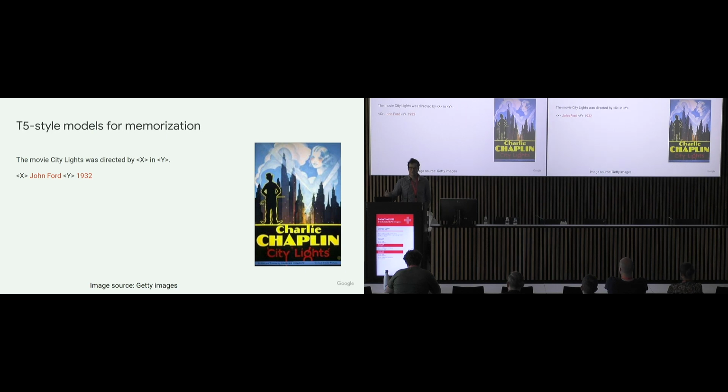If it's an older movie, okay, John Ford directed many movies around maybe the 40s, 50s, the year is close, so they produce an output, but it's not easy to know when it knows the fact versus when it has hallucinated something plausible. It's very difficult to distinguish this.